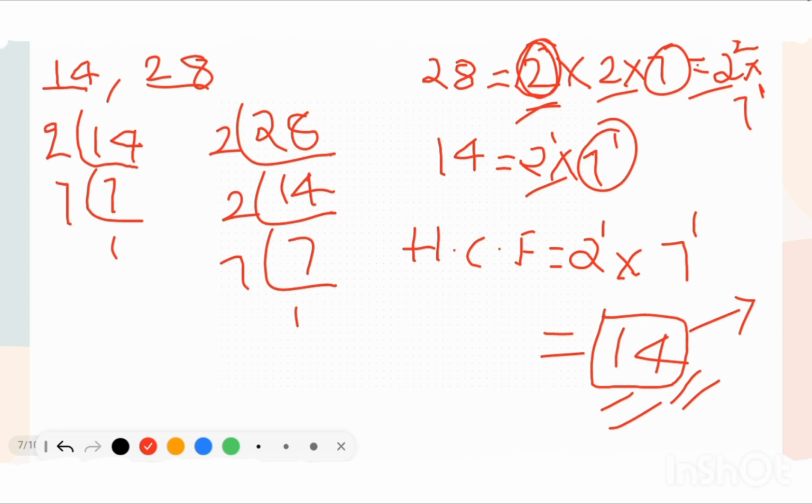LCM and HCF are very important in maths, and when you go to higher classes, they carry the same level of importance, sometimes greater, when it comes to solving problems. So make sure that you learn each and every topic which we are explaining in this journey of important topics from class 6 to 10. They are continuously repeated. Please mark our words, these are really important. So thank you.